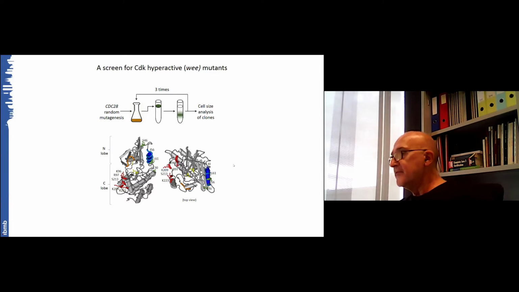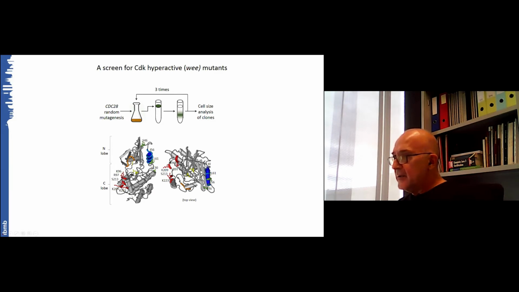And we've obtained, of course, a bunch of mutations, but they could be grouped in 2 different sets. On the one hand, this is the 3D scheme of the CDK. We had some mutations very close to the region of the CDK that's bound by the cyclin. So we were not interested in those ones because most likely those could stabilize the interaction between the CDK and the G1 cyclin, which is particularly unstable in all cells.